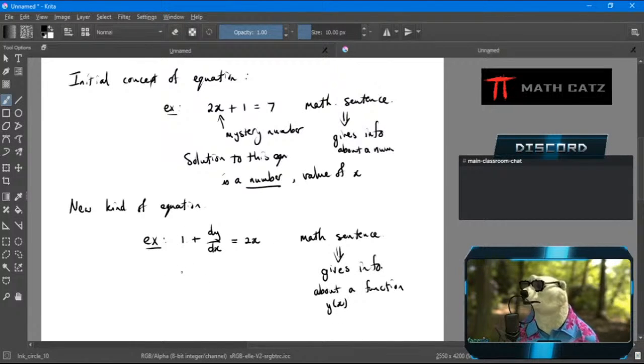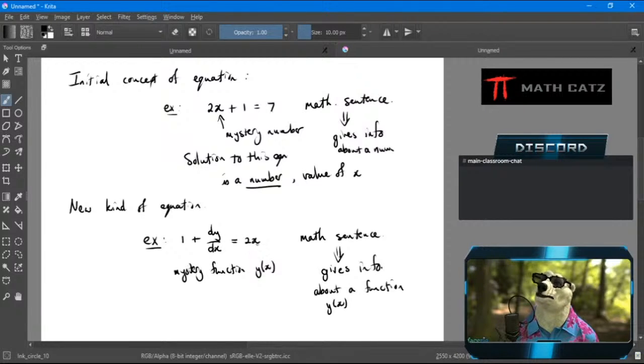And I'm trying to find the mystery function y of x. And the information that it gives me is that if I take the number 1 and I add the derivative of the function, I get an answer, so to speak, of 2x.